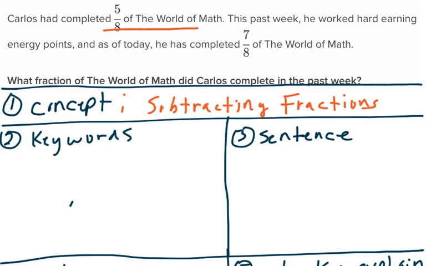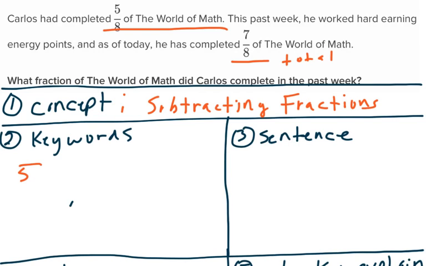And he did 7/8 this past week. He worked hard, and as of right now, he completed 7/8. So I'm going to write that that's the total.